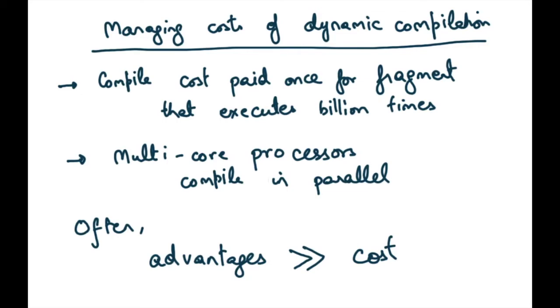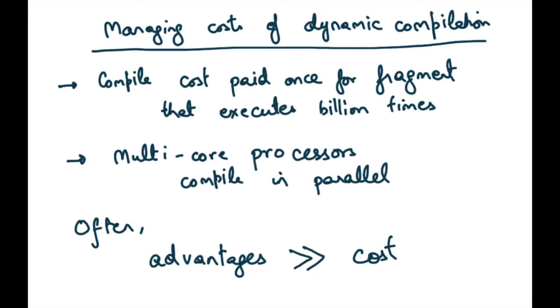And the other thing is that because you have multi-core processors today, and some of those processors are usually lying idle, just-in-time compilation makes more sense in modern hardware environments because you can dedicate one core to doing this just-in-time compilation without affecting the speed of the rest of your program. Often, I would say the advantages of just-in-time compilation are much more than the cost, especially for long-running programs.